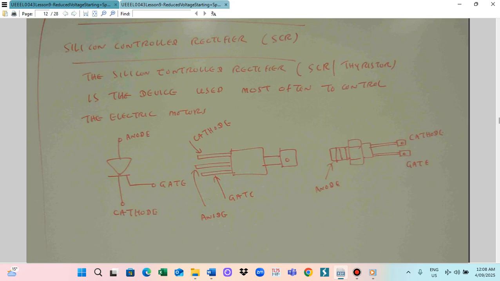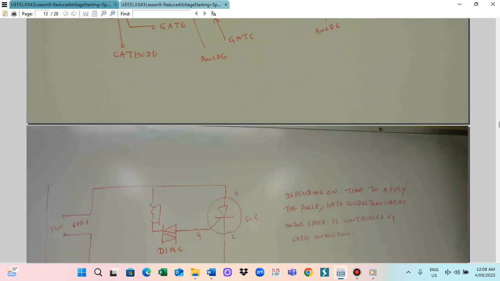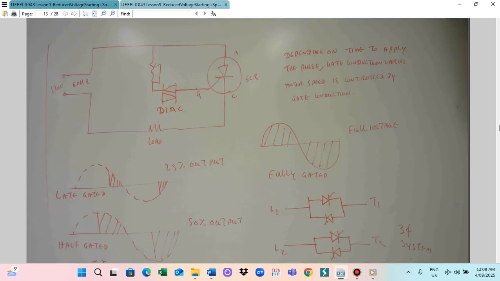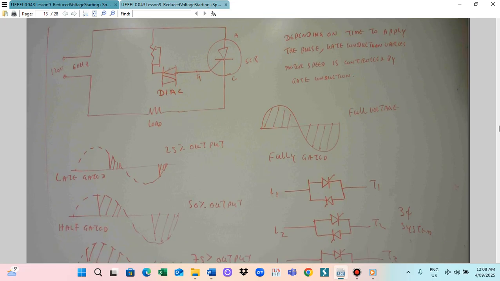The diode D1 we usually use as a varistor. We have to reduce the voltage surge, so that's why it is connected to the SCR. So anode, this is the SCR, and the cathode, and this is K.